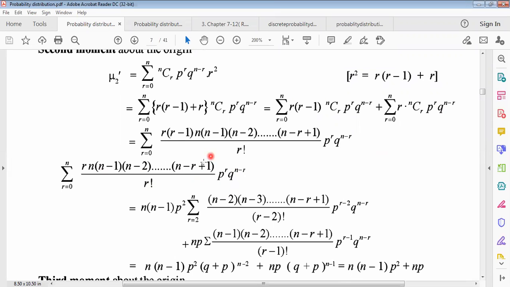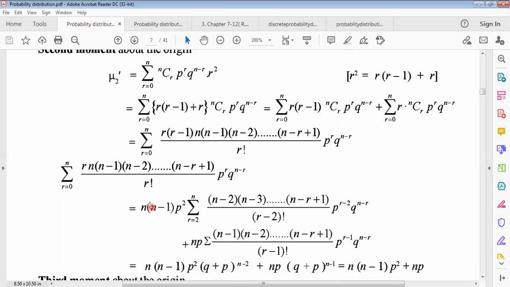So from the first one, this r factorial can be written as r into r minus 1 into r minus 2 factorial. Then r and r minus 1 will be cancelled from both numerator and denominator.